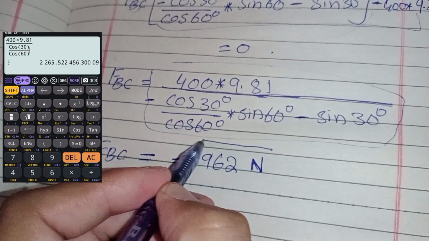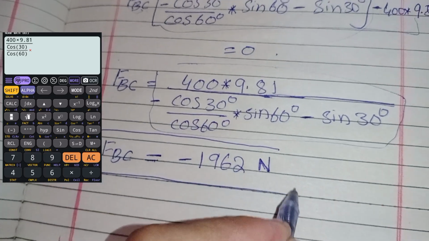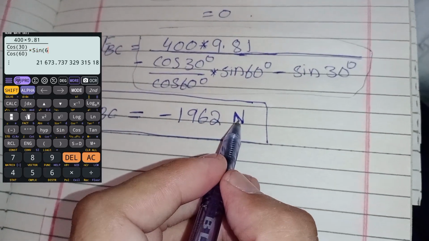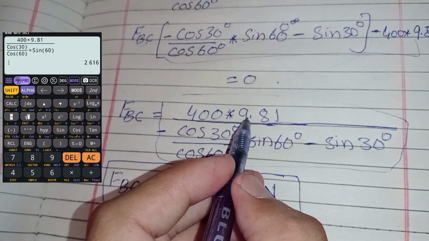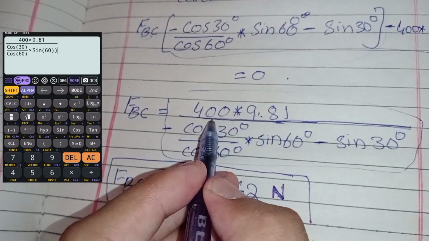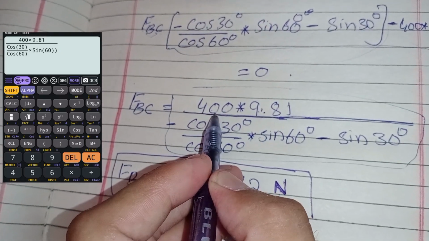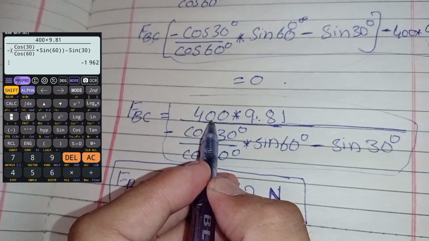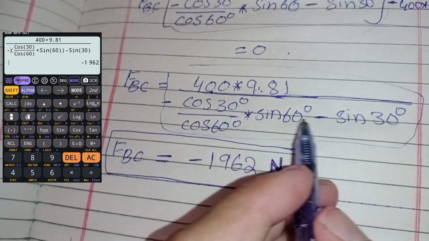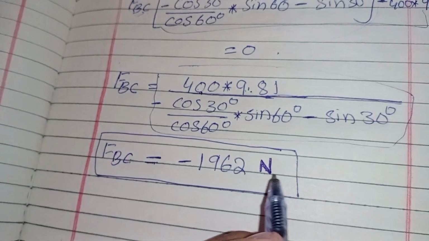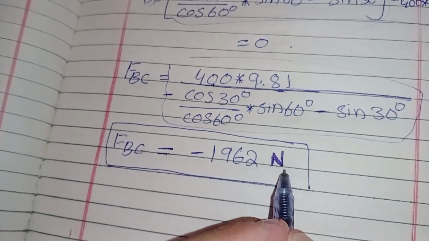Why does Newton come? Newton comes because of gravity multiplied by weight or mass, and the units cancel each other, and the Newton will come.